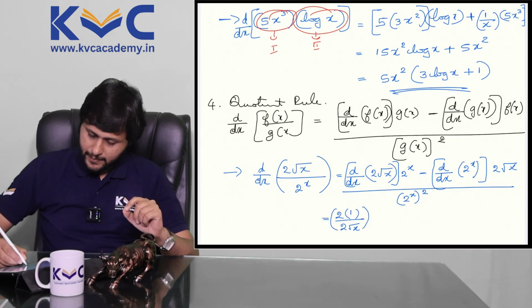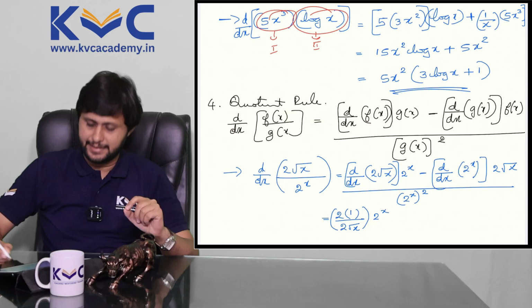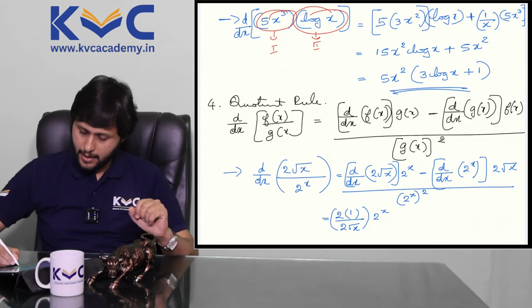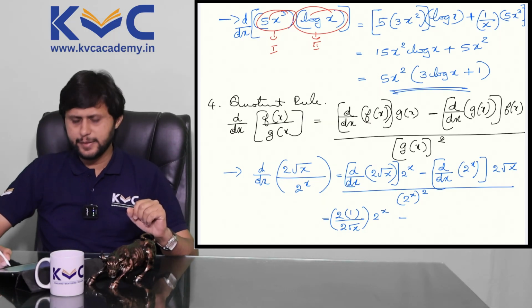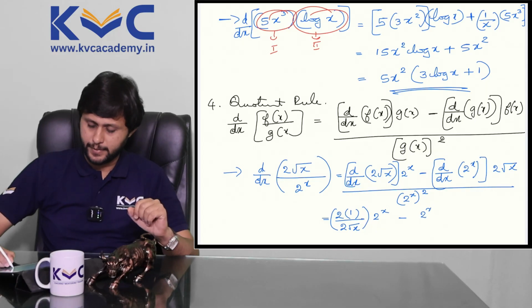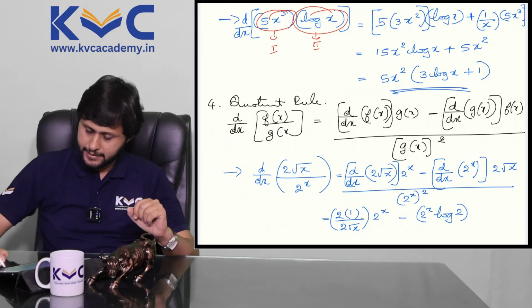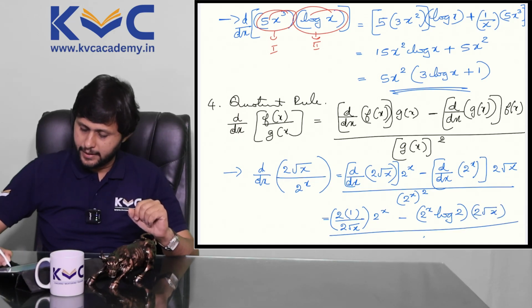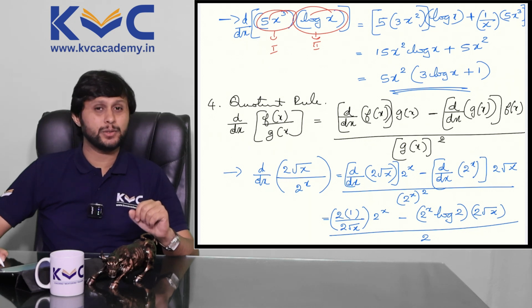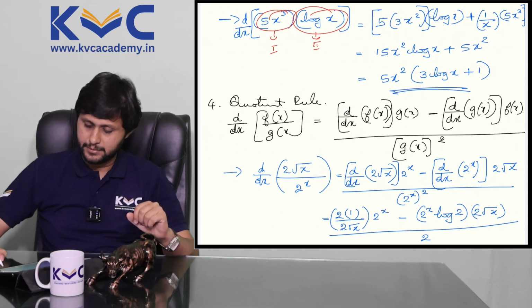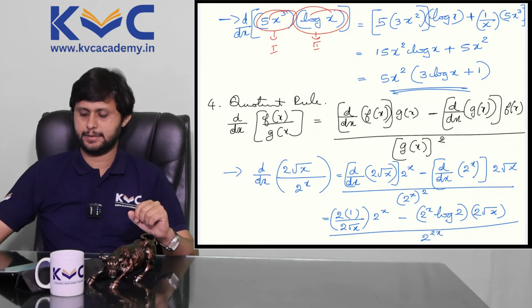Now this will be multiplied with 2 to the power x, because that is the denominator, minus differentiation of 2 to the power x is 2 to the power x log 2, and first function as it is, all divided by 2 to the power x whole square, so we can write it as 2 to the power 2x.